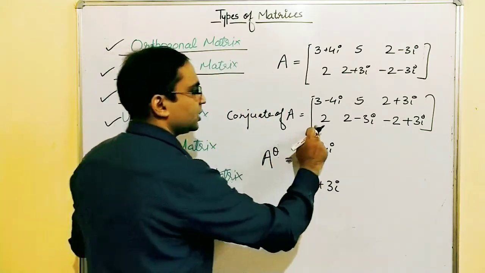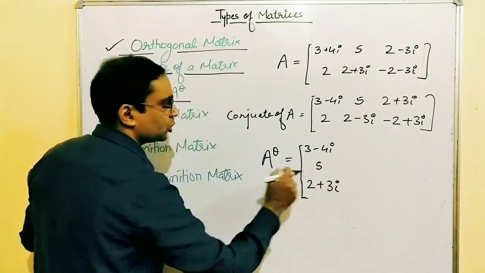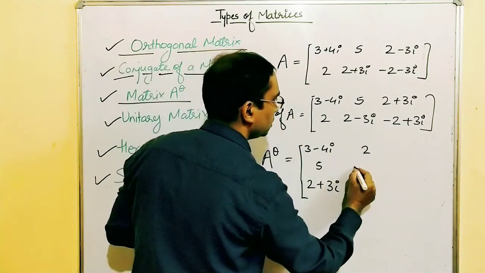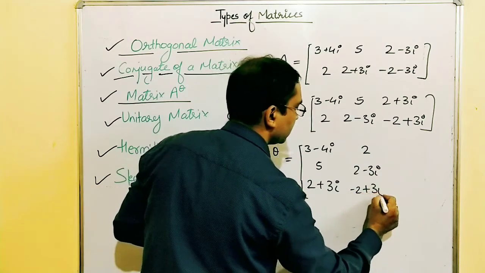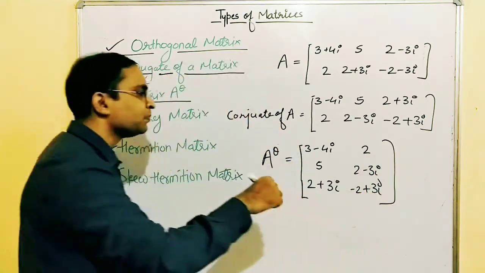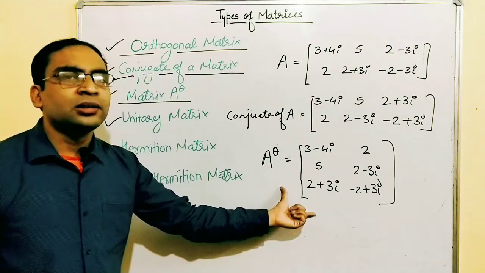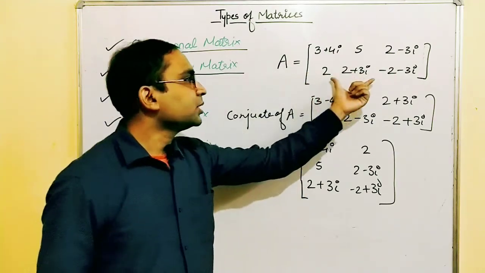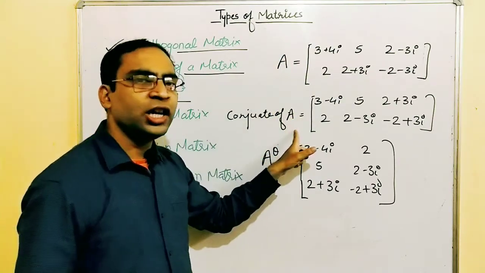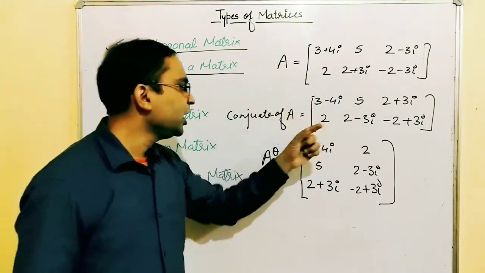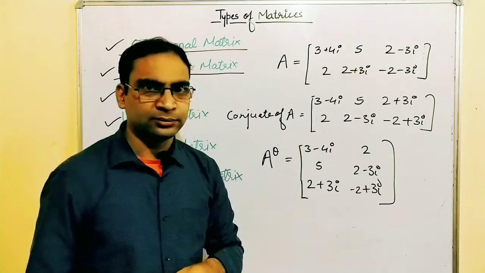And then this row will be converted to the next column: 2 minus 3i, and minus 2 plus 3i. So this matrix is called the A theta matrix for the given matrix A. So there are two steps. First, convert this into the conjugate and then transpose the conjugate to obtain A theta.